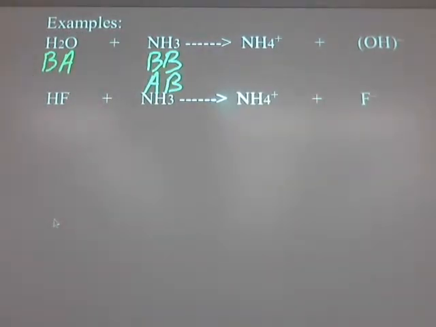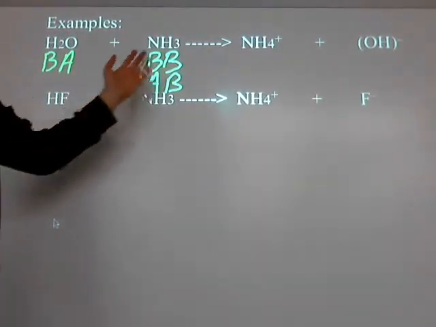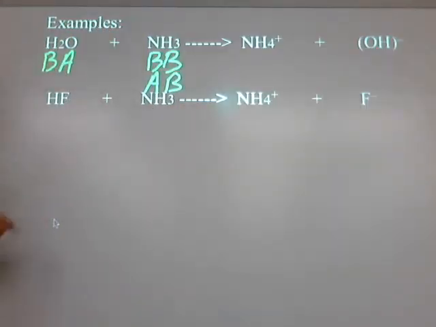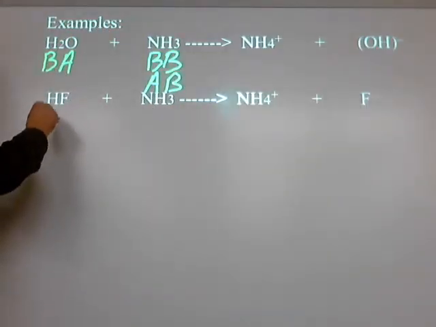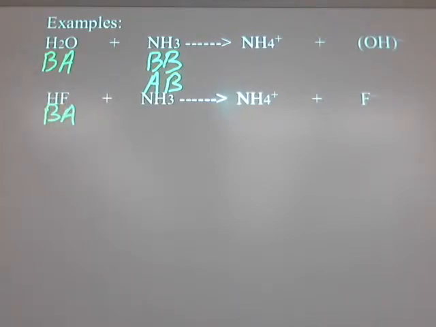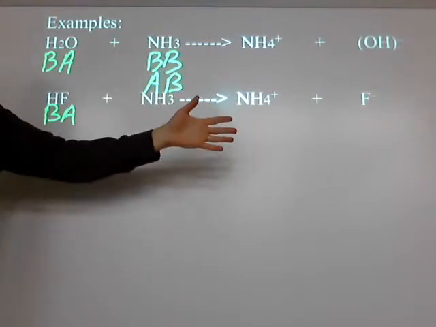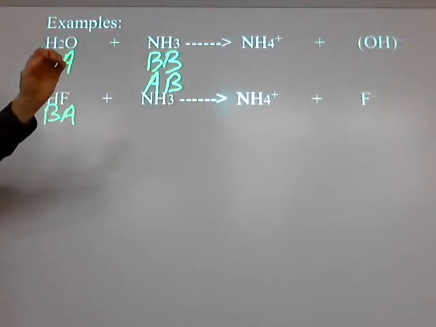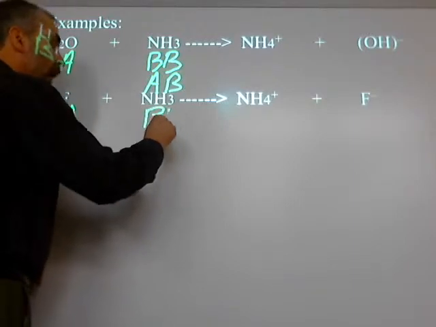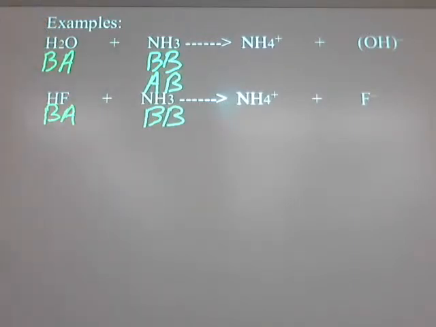So, what is HF doing from left to right here? Donating or accepting an H? Donating. That makes him a Bronsted what? Acid. What is NH3 doing from left to right? He's accepting. Makes him a what? Bronsted base. Bronsted is the one who says about donating and accepting.